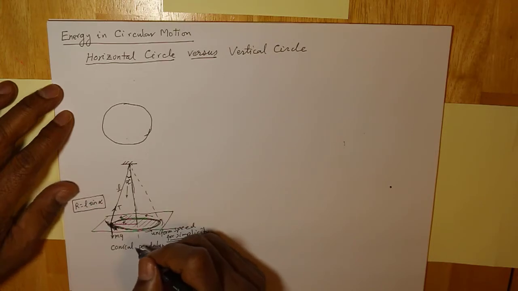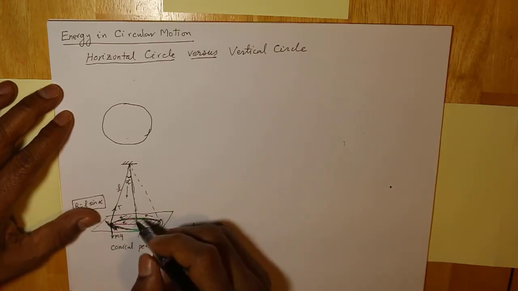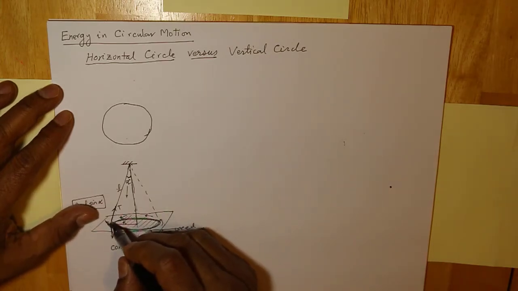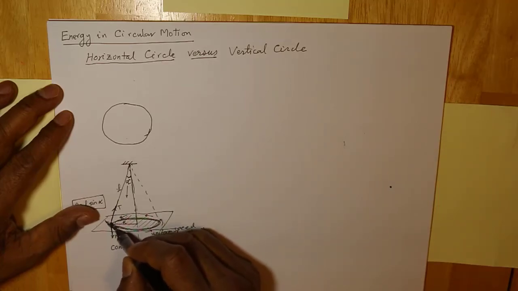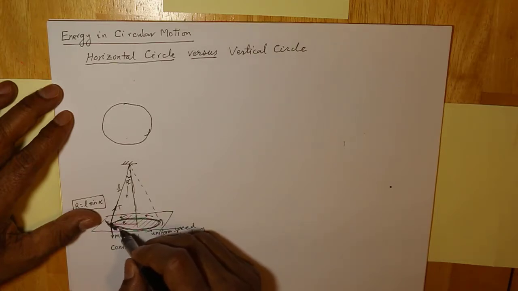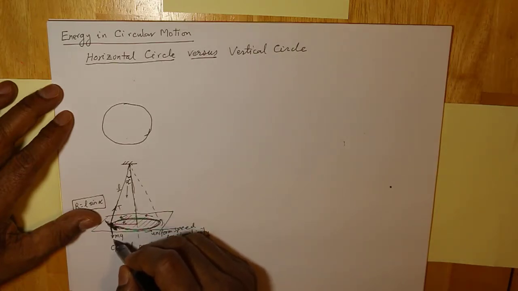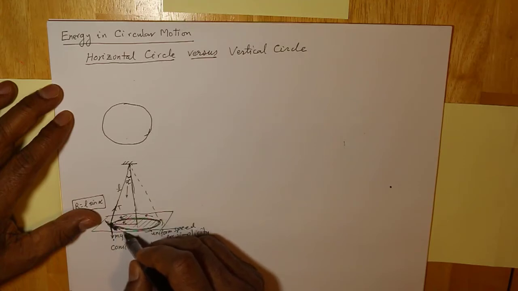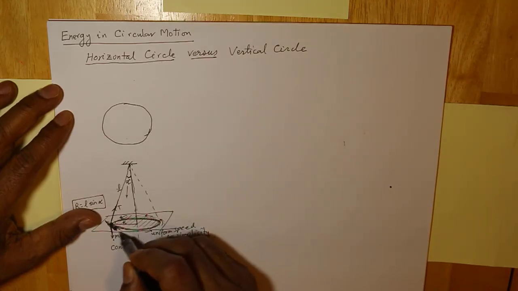What's not so clear to you maybe is this tension is also 90 degrees. So tension is not doing any work on the motion, mg is not doing any work on the motion. So the energy doesn't really increase. So it's got the same kinetic energy, total energy remains the same.